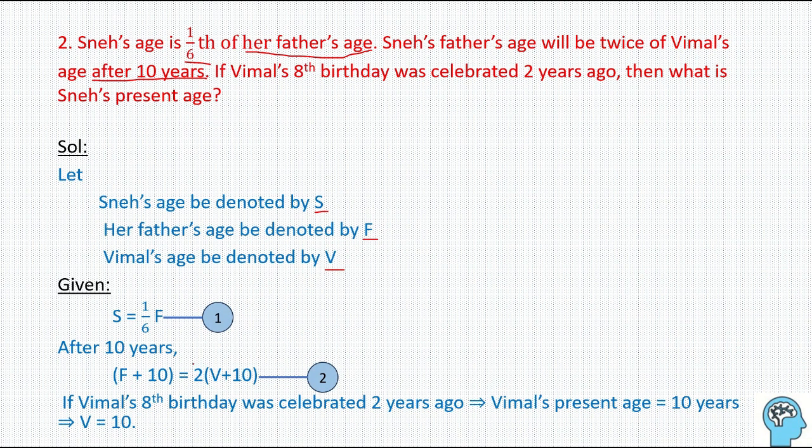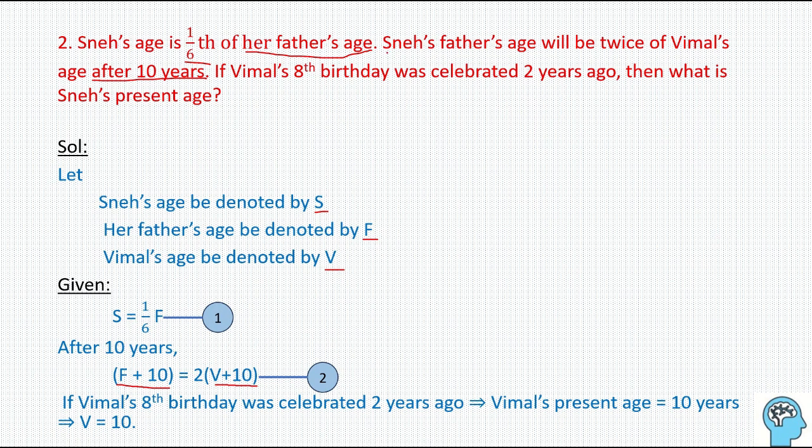Sneha's father's age after 10 years will be F plus 10, and Vimal's after 10 years will be V plus 10. F and V are taken as present ages.